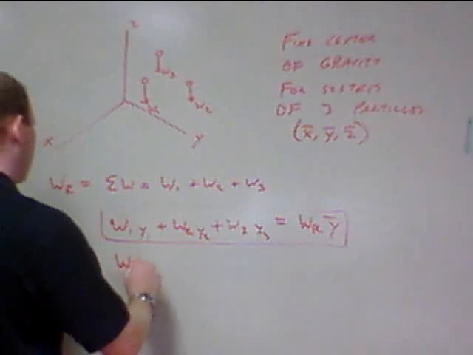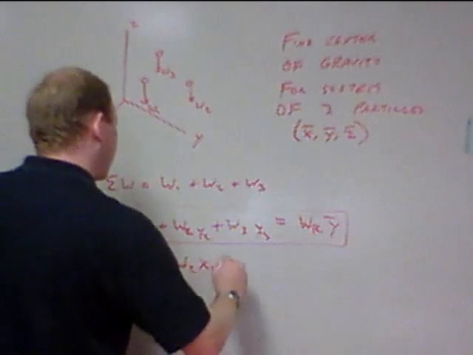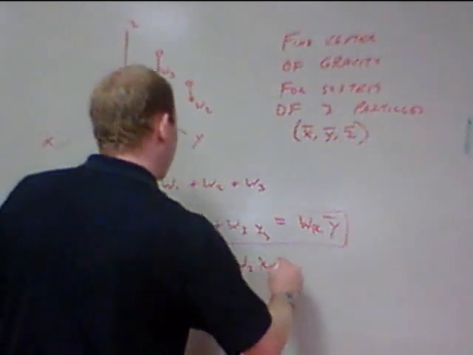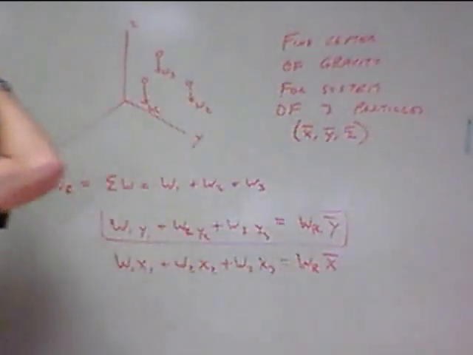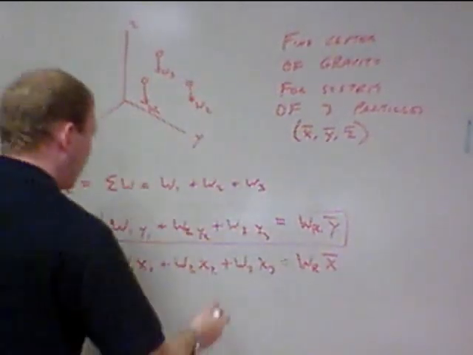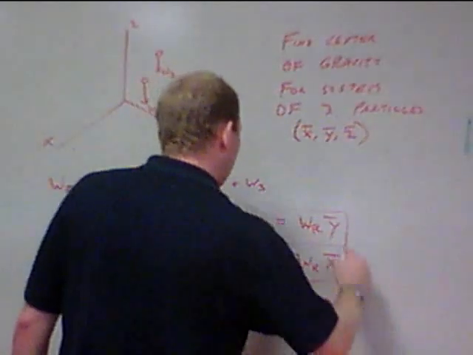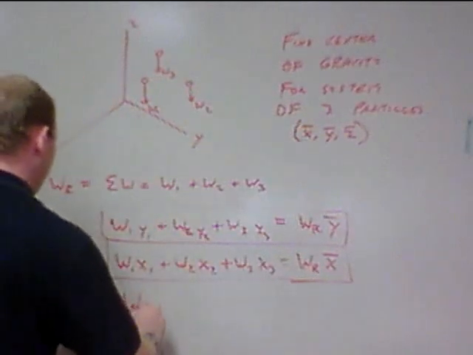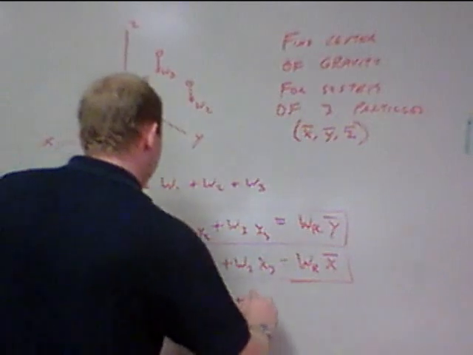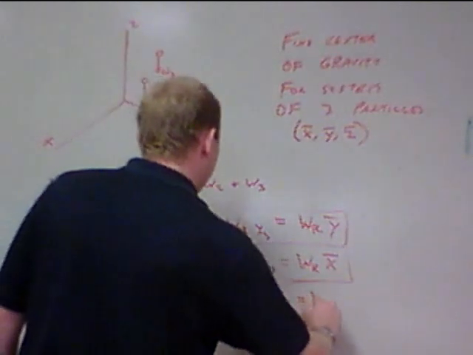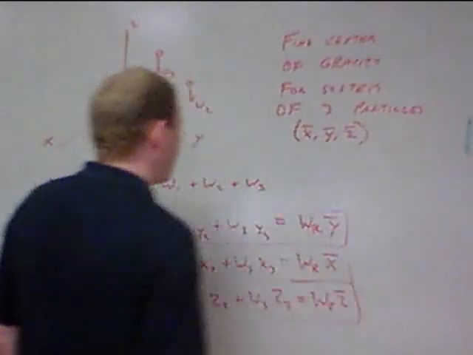So we have W1 x1 plus W2 x2 plus W3 x3 equals the resultant force times x bar. And then we have the same thing: W1 z1 plus W2 z2 plus W3 z3 is equal to WR times z bar.